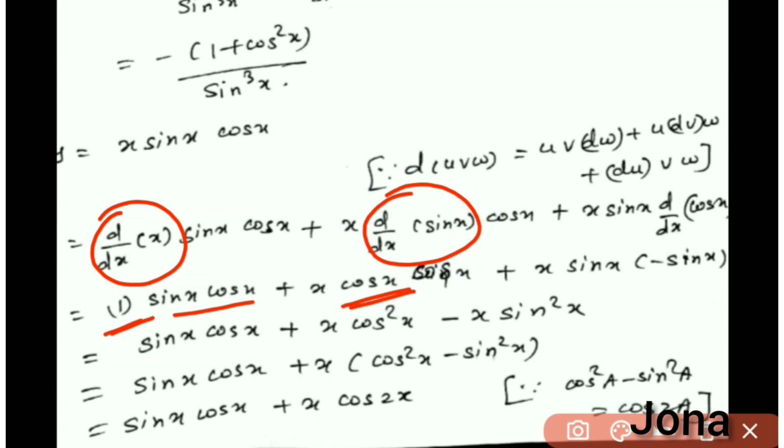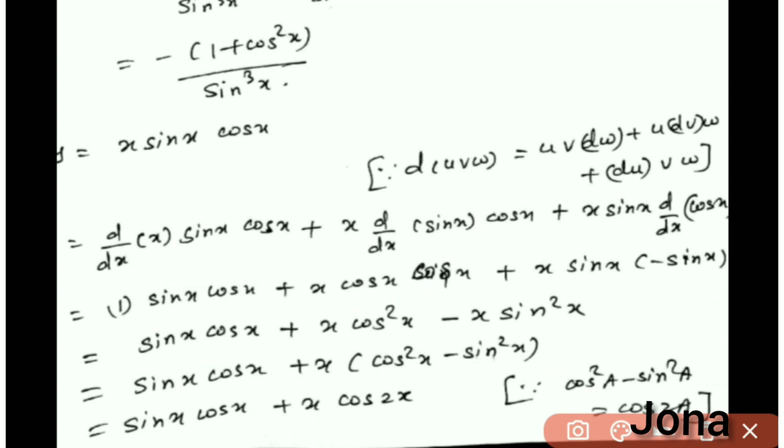which is nothing but cos x into cos x, plus keep this x sin x as it is. So differentiation of this cos x is nothing but minus sin x. And then we have to multiply this thing, sin x cos x plus x cos square x. We have to multiply these two. So we have x cos square x minus x sin square x there.